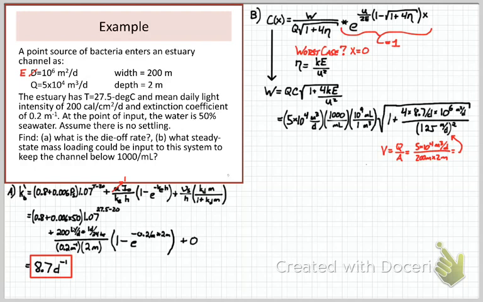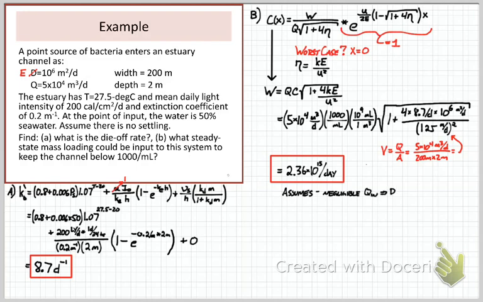And on the bottom we've got velocity squared, and you can see in red I've gone ahead and calculated that based on the given discharge and cross-sectional area information. And so I come up with a final value of about 2.36 times 10 to the 15 per day that could be loaded into this estuary to maintain our goal.